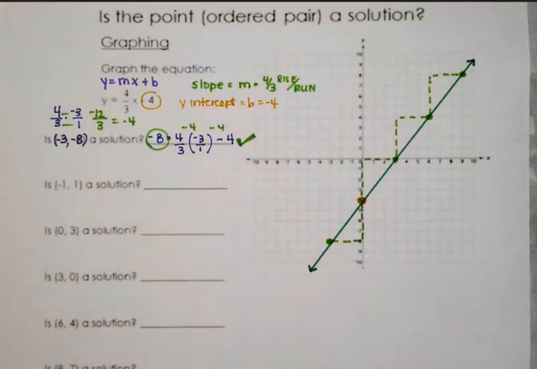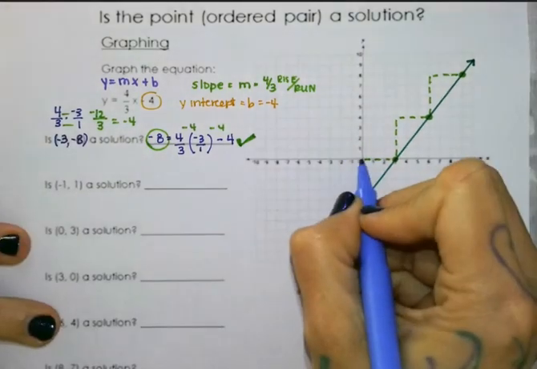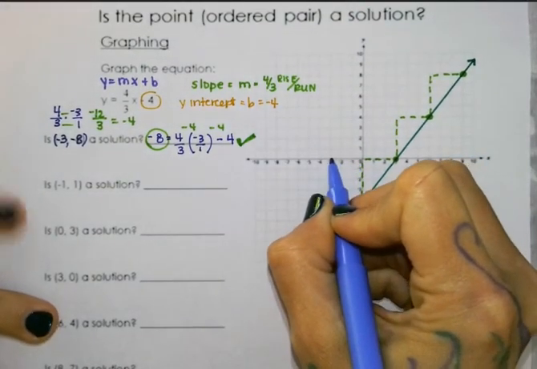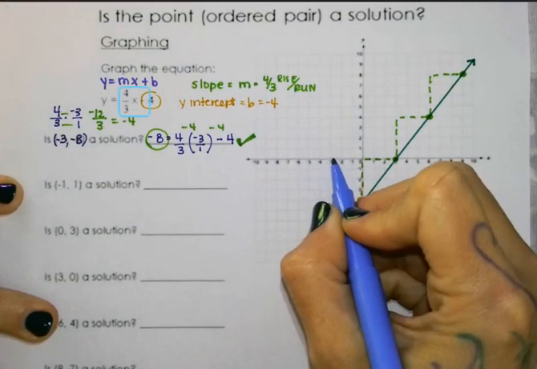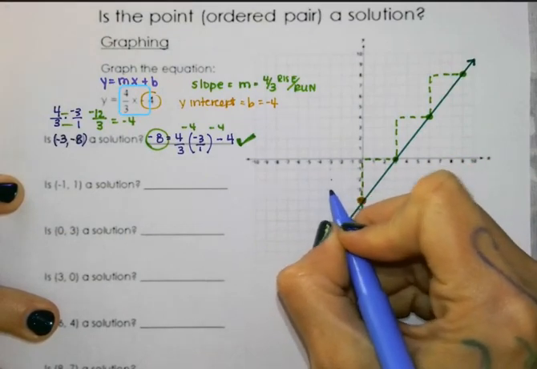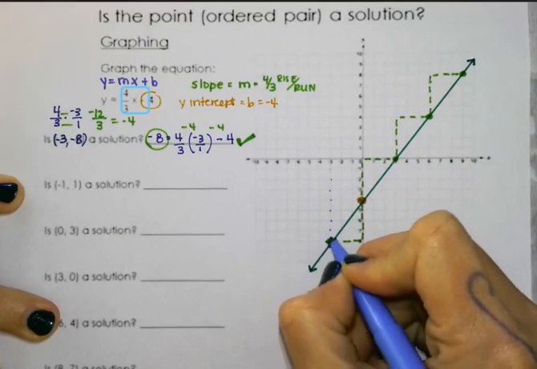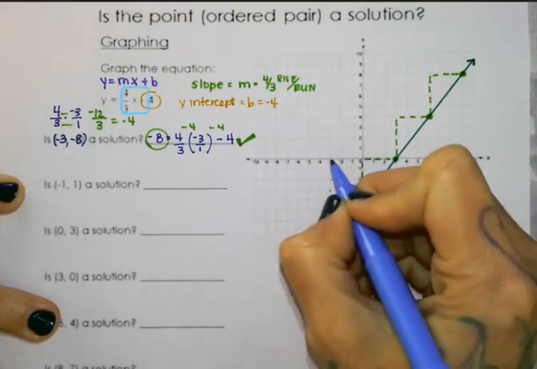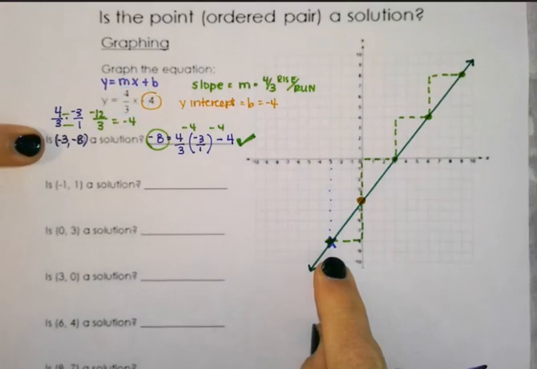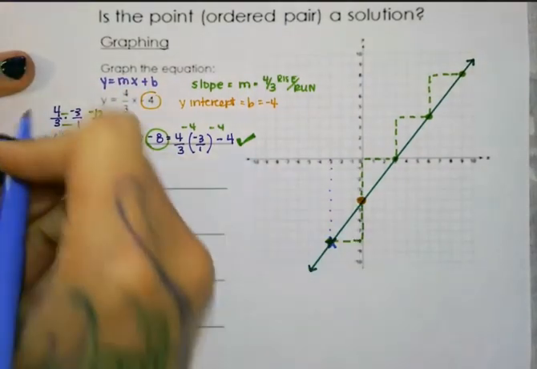But the fun part is this gets even easier once you have a graph. So if you can graph the line and you're a visual learner, we're going to go to -3. 1, 2, 3. Count very slowly. Make sure you don't mess up. 1, 2, 3, 4, 5, 6, 7, 8. It is on the line, so it is a solution. So -3, -8 is a solution.